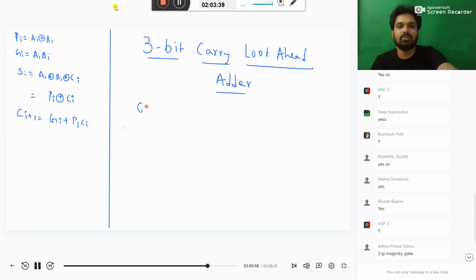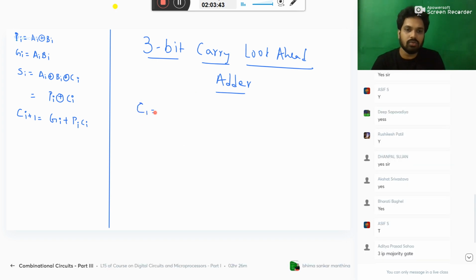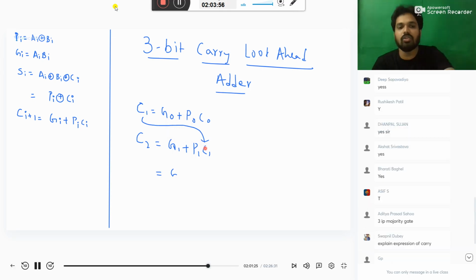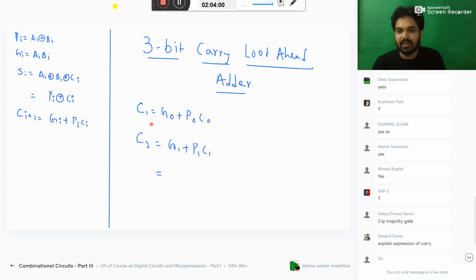What is C1? The carry in the first stage will be equal to G0 plus P0 C0. Otherwise, what is the carry in the second stage? G1 plus P1 C1. Now what do you do? If you take it like that, it is a normal adder.